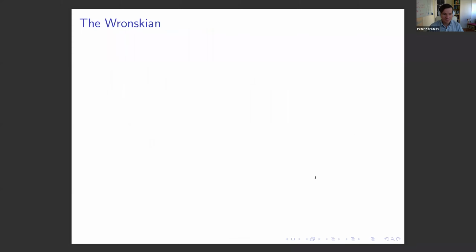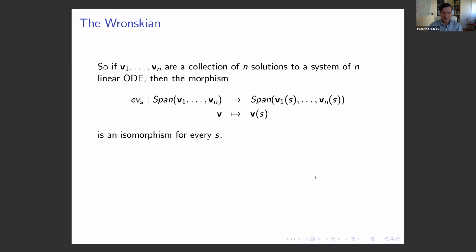Okay, let's now talk about the Wronskian in this context. Again, algebraic language is very convenient. If you have vectors v1 through vn, a collection of n solutions of a system of n linear ODEs, then you have an isomorphism, evaluation at s, of the span of vectors v1 through vn to the span of the same vectors evaluated at the point s. So this is an isomorphism for every s.